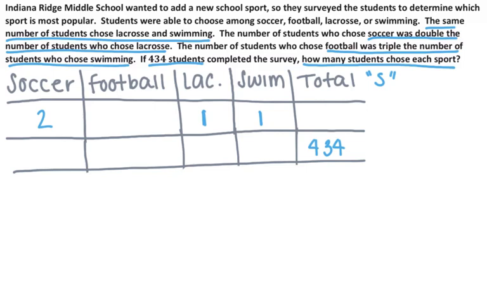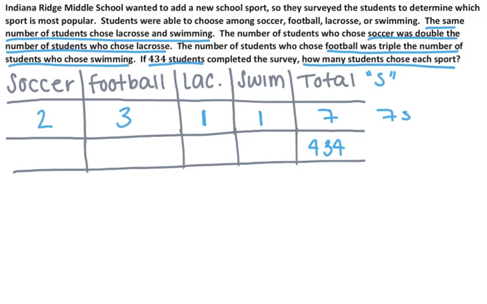And then the number of students who chose football was triple the number of students who chose lacrosse. So triple is 3, so 1 times 3 is 3. So we can add this all up. So 2 plus 3 plus 1 plus 1 is going to give us 7. So we know we're going to have 7s.